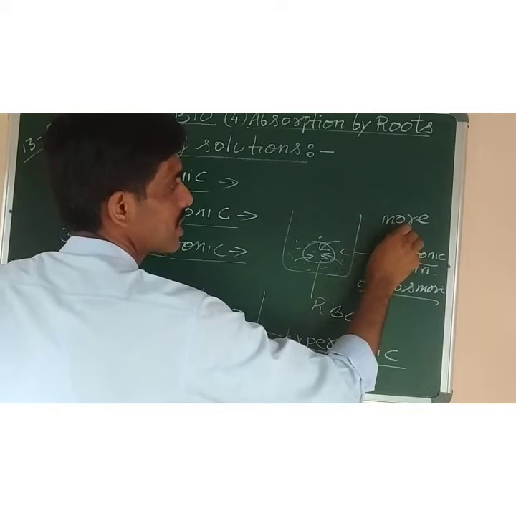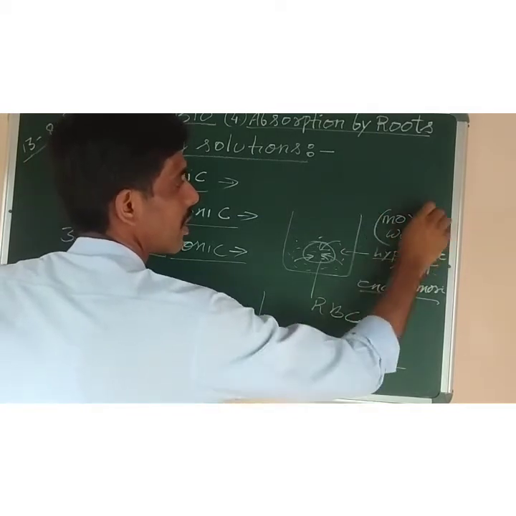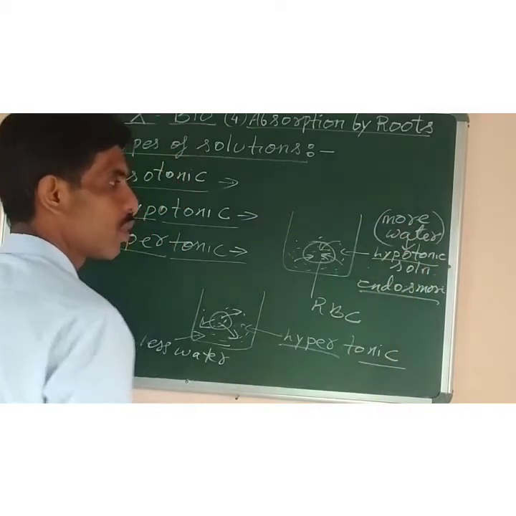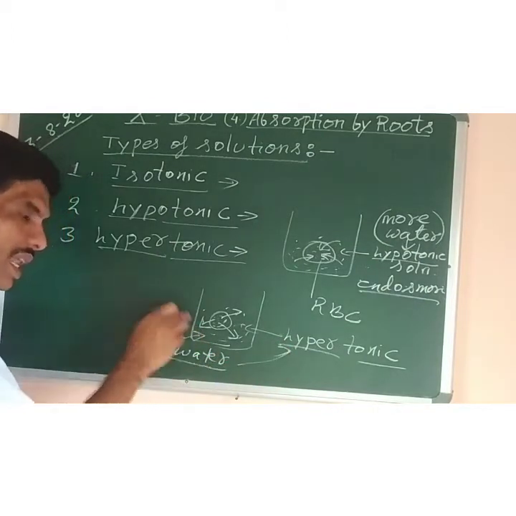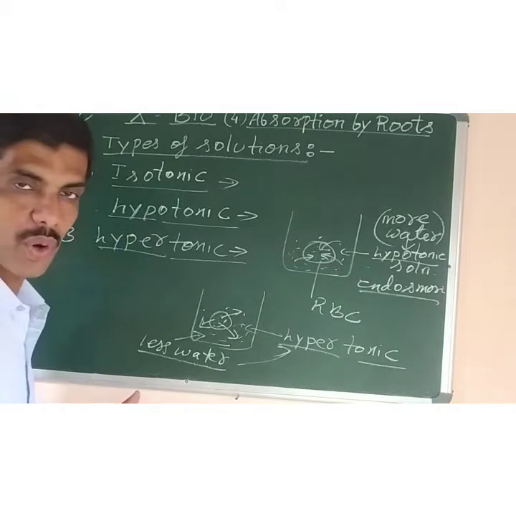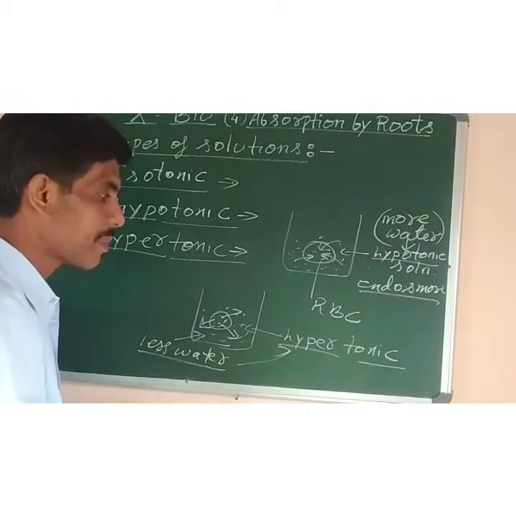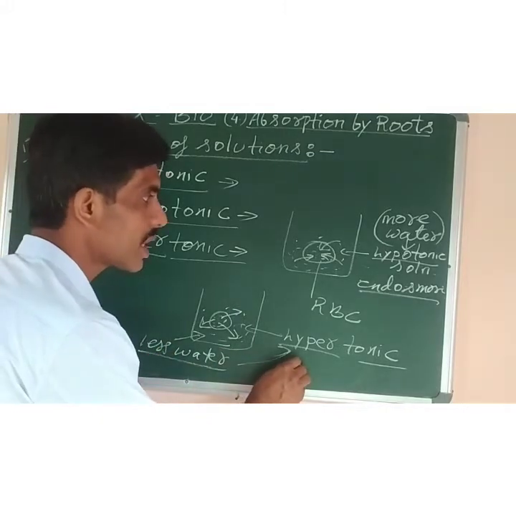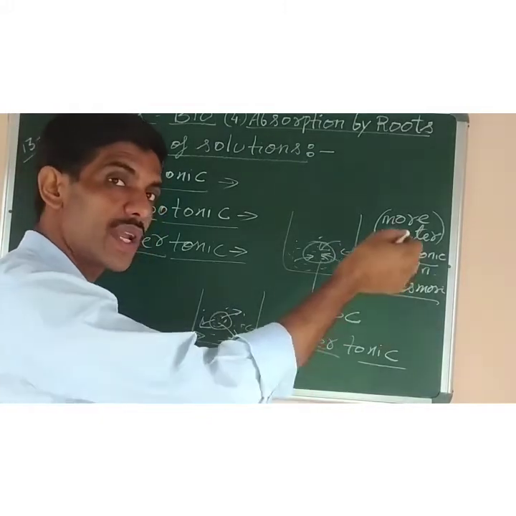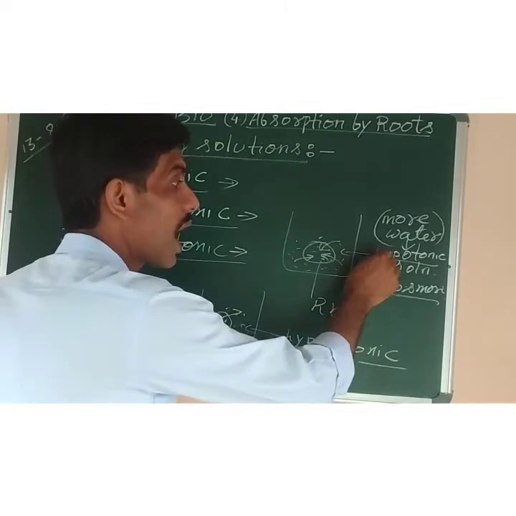That will help you to understand, okay? There is less water means more solute, and here it is less solute. So according to the concentration of solute, it is called hypotonic or hypertonic.